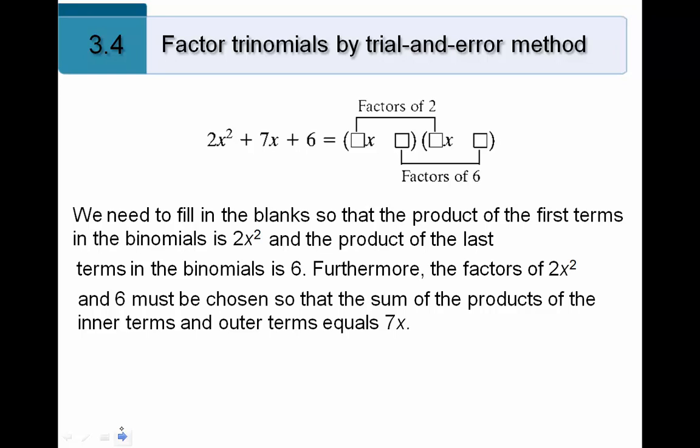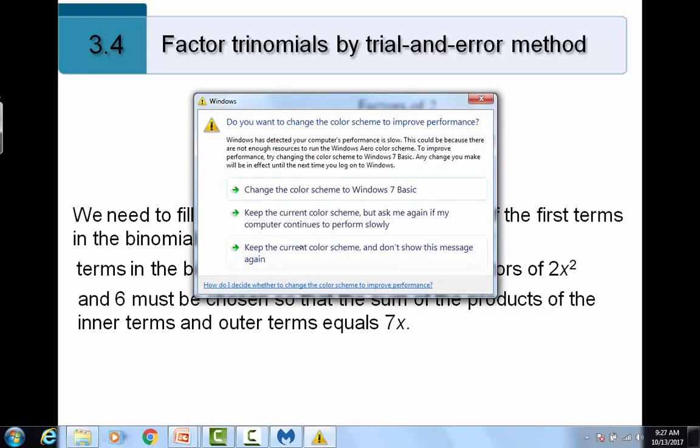Okay, so if you look at this trinomial, 2x squared plus 7x plus 6, notice that we're going to be factoring it into two binomials. We will need to fill in the blanks so that the product of the first two terms in the binomials is 2x squared.